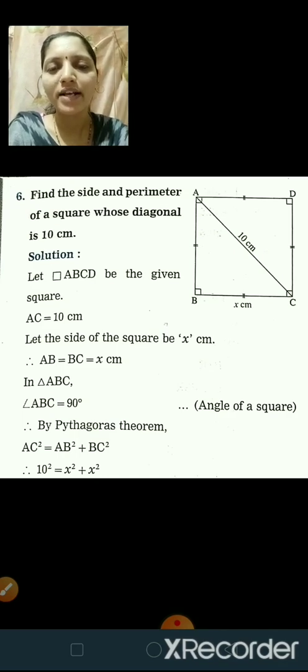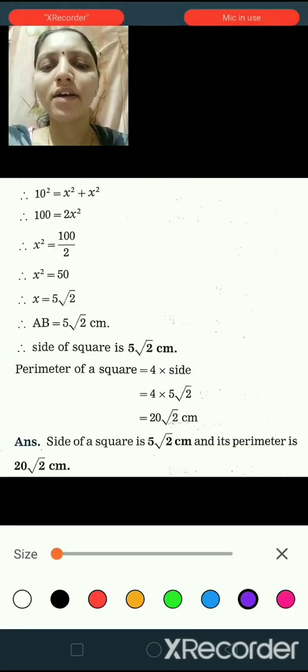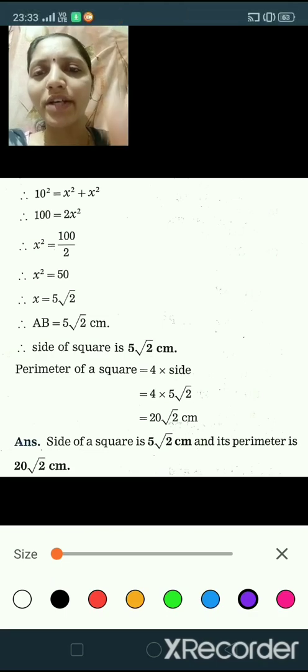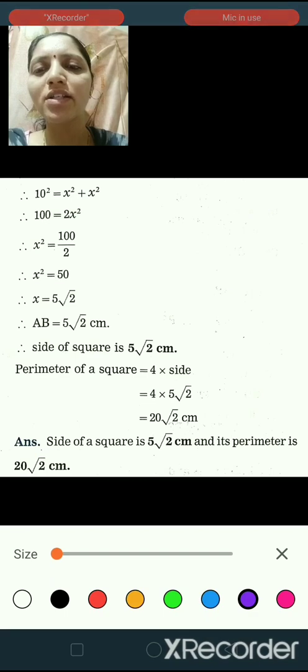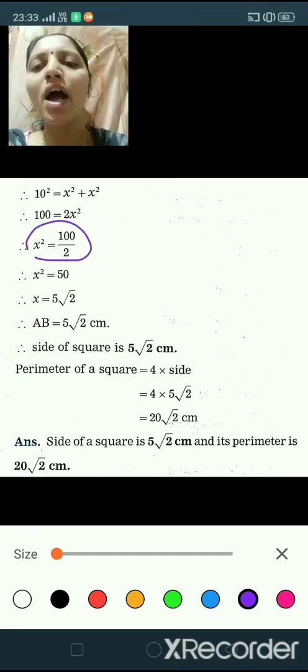Therefore, let's substitute the values. AC is nothing but 10, so 10 square is equal to, and AB we have assumed as x, so it becomes x square plus x square. Now 10 square is nothing but 100 and 2x square. So shift this 2 to the left hand side, you will get x square is equal to 100 upon 2.